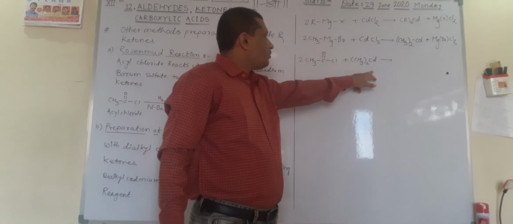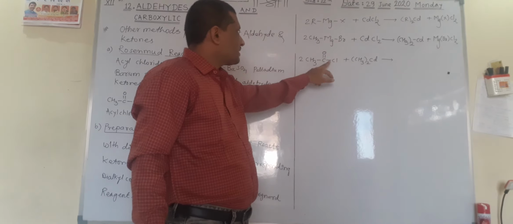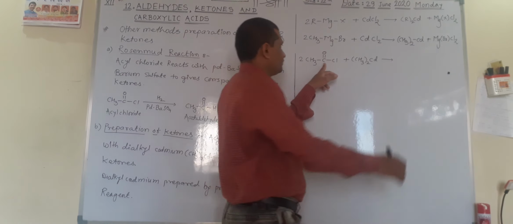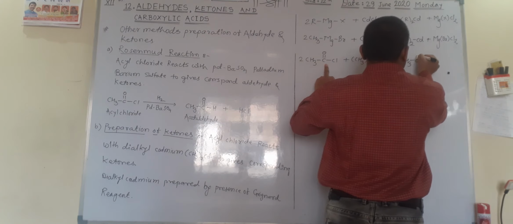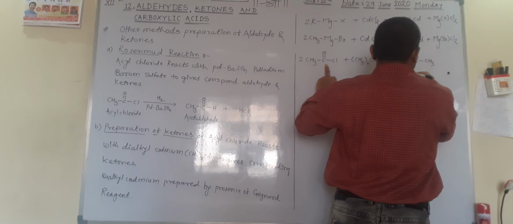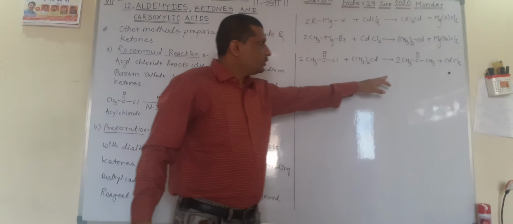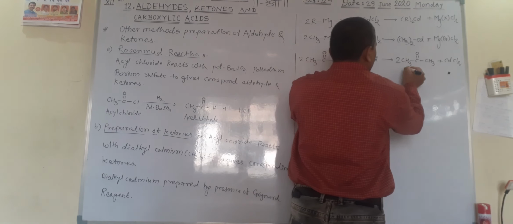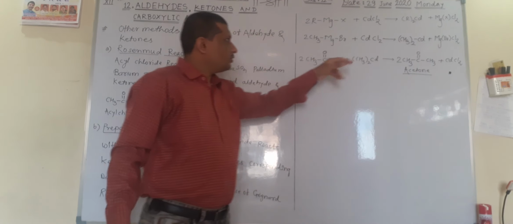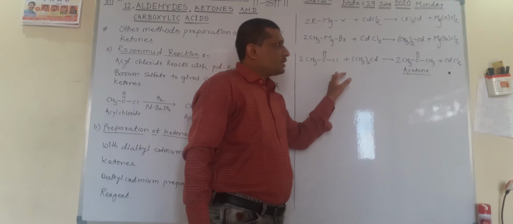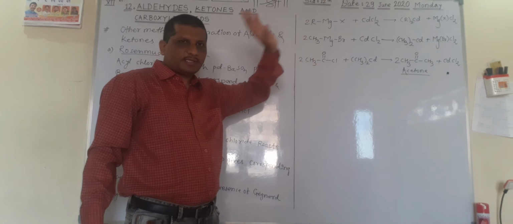Cadmium dichloride is formed, because the two CH3 groups can be shifted to this carbonyl carbon, to give two acetone molecules. In this way, the reaction takes place in aliphatic acyl groups.